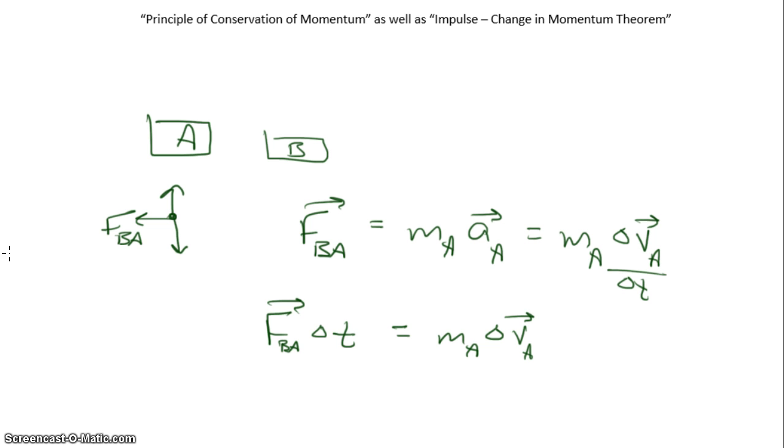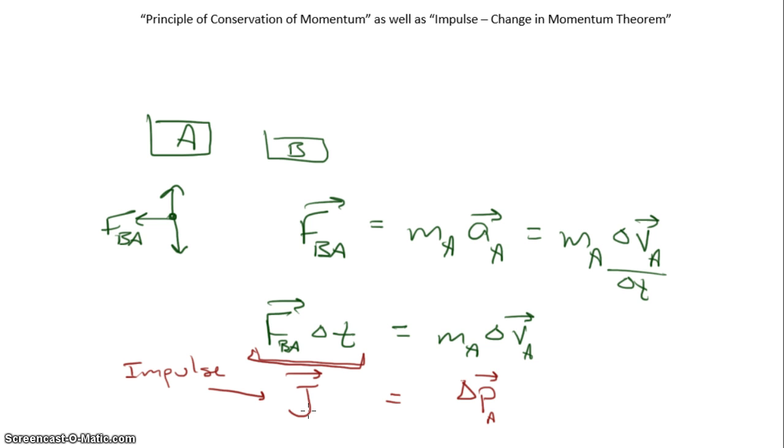You might, maybe, perhaps recognize this here is a change in momentum. It's the change in momentum of A as a result of an external force acting on it. The product of force and time is called impulse. Also a vector quantity.